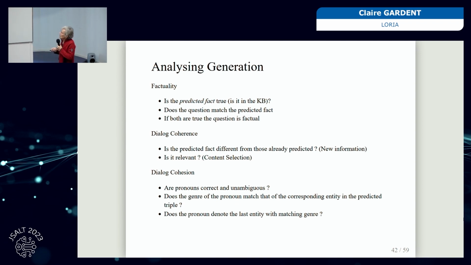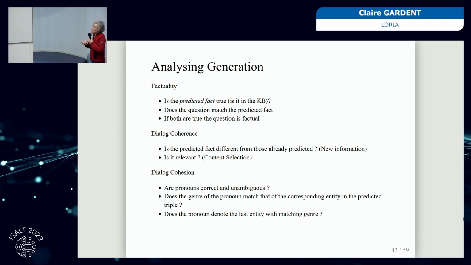It also allows us to better understand how much the prediction impacts dialogue coherence by checking whether the predicted fact is actually different from the fact that has already been predicted. Is it new, or is it a repetition? And is it relevant?